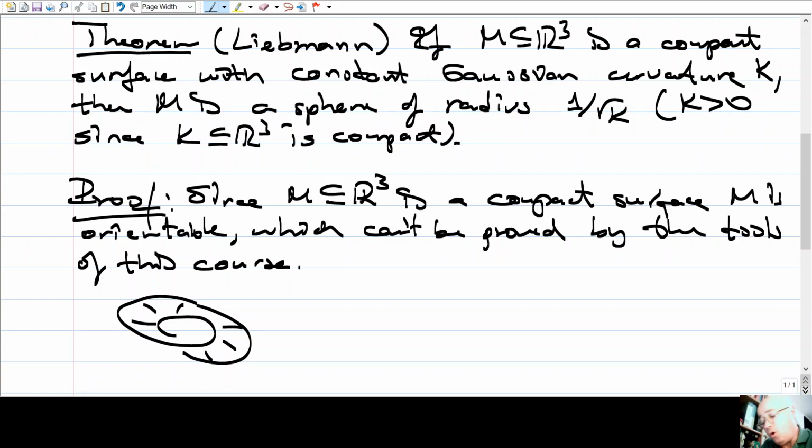But this is not a compact, closed surface in R3. So to avoid such possibilities, it is necessary to assume that M is compact. If M is a compact surface without boundary in R3, then it is necessarily orientable. All right, so this is a topological fact.